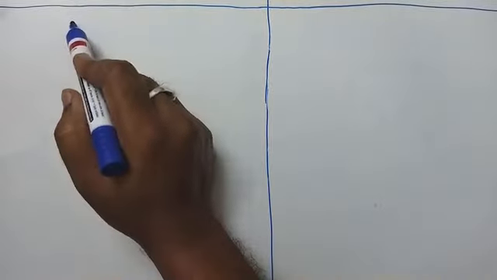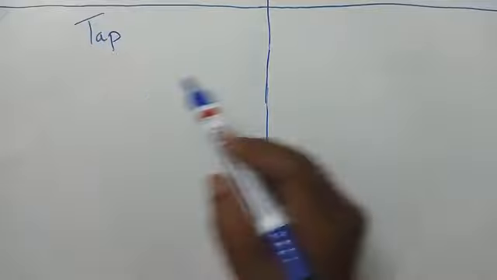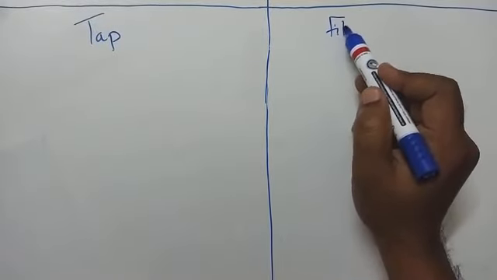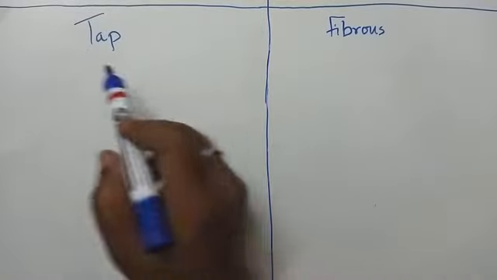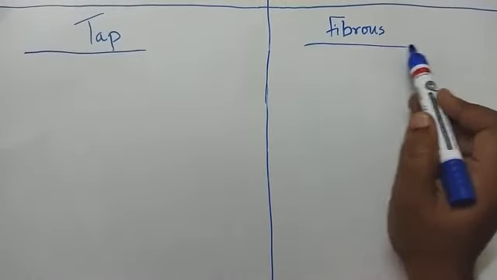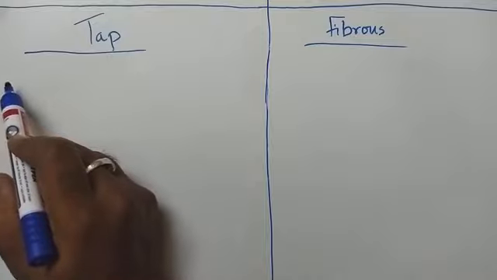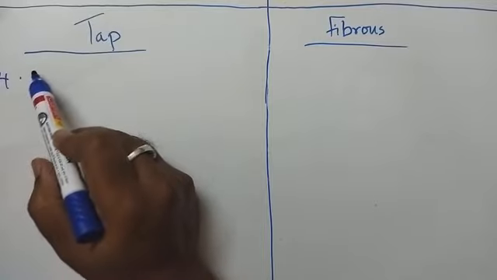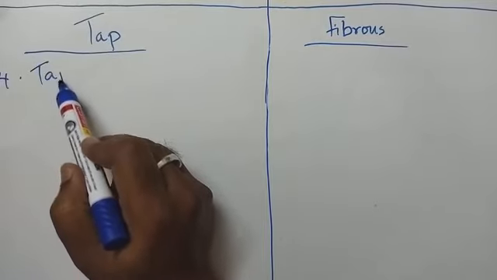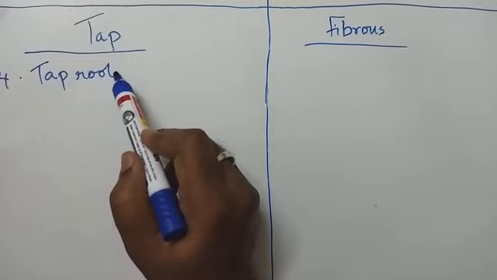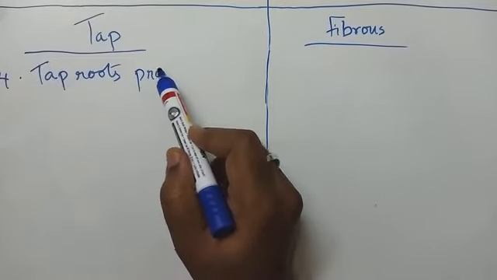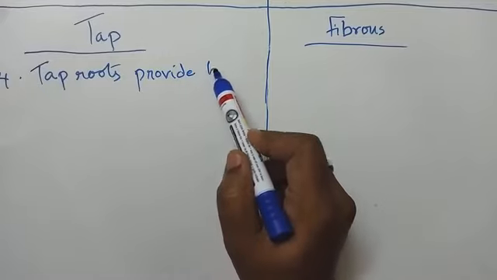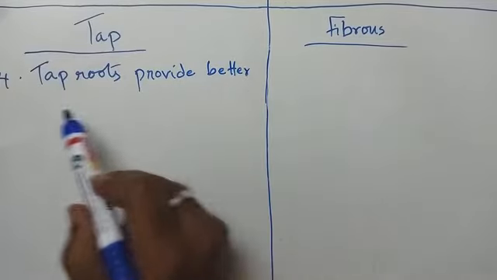And we have learned that roots provide anchorage. So here are two types of roots, tap roots and fibrous roots. Which roots provide better anchorage? Tap roots provide better anchorage.